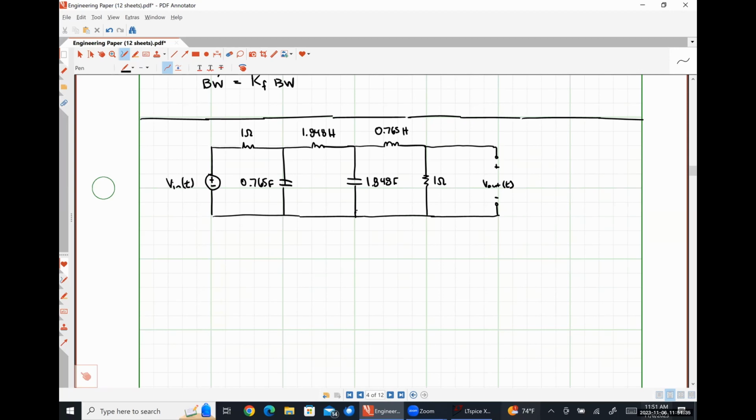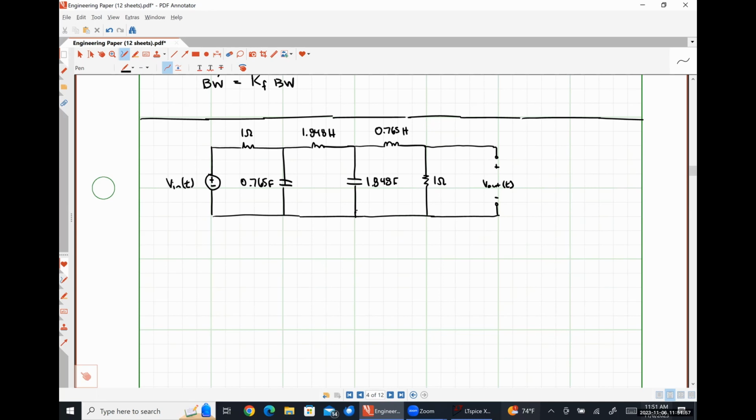So the higher the order of the filter is, the more it's going to behave like an ideal filter with that brick wall response. Meaning we're going to see that it hits its corner frequency and then rolls off very steeply. So higher order filters roll off much steeper than a first order filter.